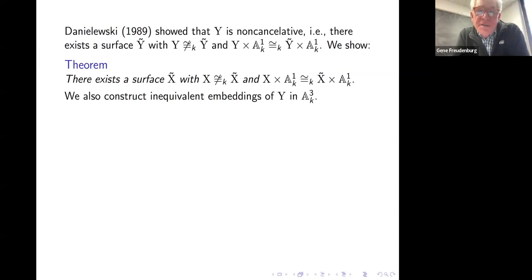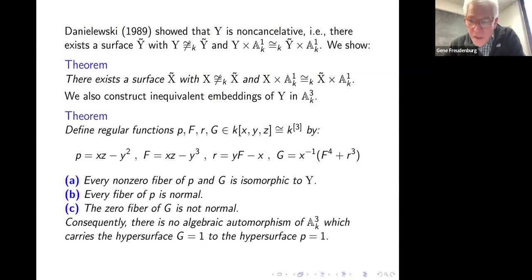We also construct non-equivalent embeddings of Y into 3-space. And the technique here goes back to a technique that Lucy and I used in our paper on Danielewski surfaces a while back, but we were unable to get this particular case, but now I see how to do it. So the theorem is that we define regular functions in 3 variables in this way.